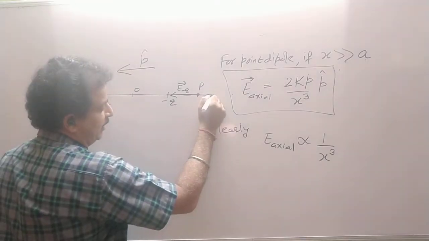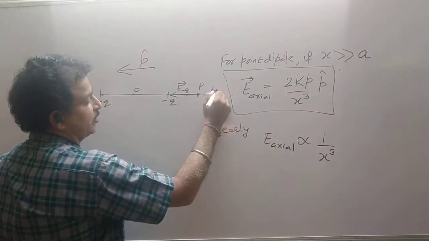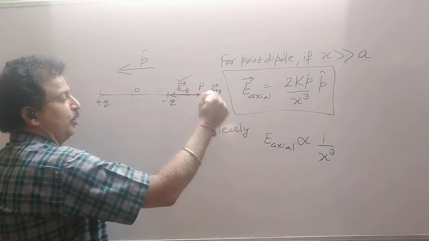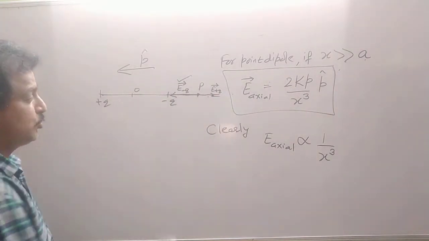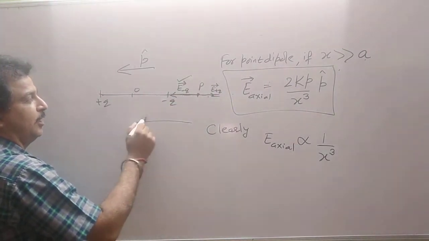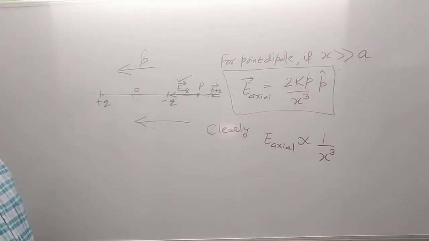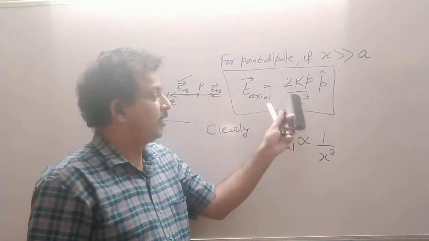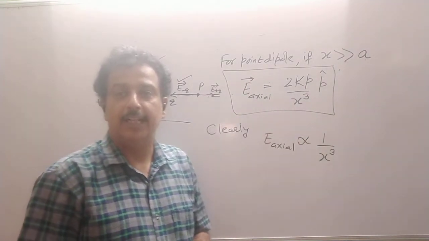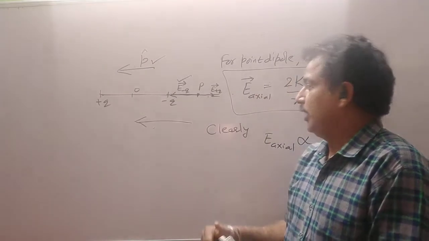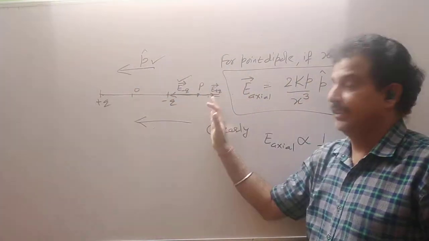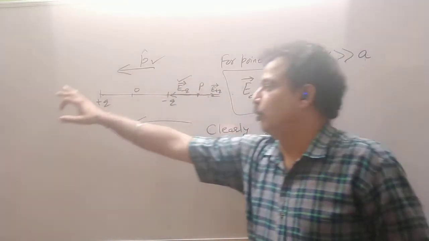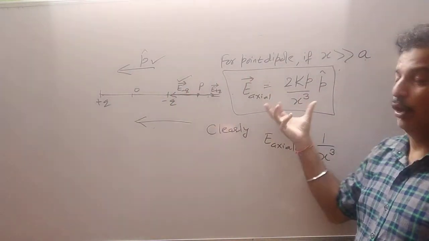Now the repulsion will be very small, that is E plus Q. So what will happen? This value is more than this. So in this situation, the resultant comes out to be again in the direction of the dipole moment. Here also the resultant comes out to be in the direction of the dipole moment. Even if I change the point, sometimes we think that we have changed the position, so the resultant will also change.